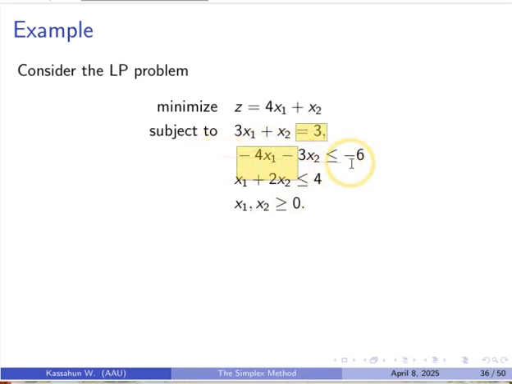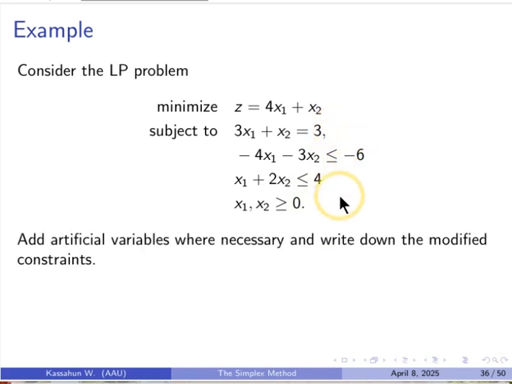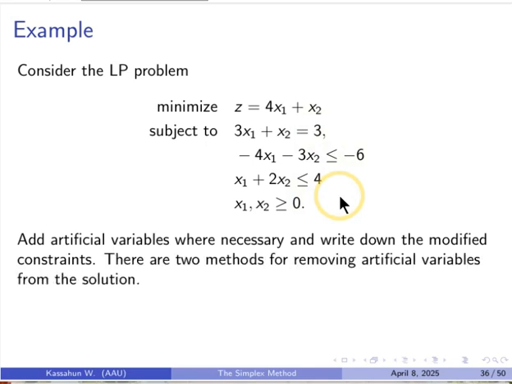Just multiply both sides by negative to make the right side positive. Here we have mixed signs for the right side. So therefore an artificial variable will be added. Add artificial variables where necessary and write down the modified constraints.